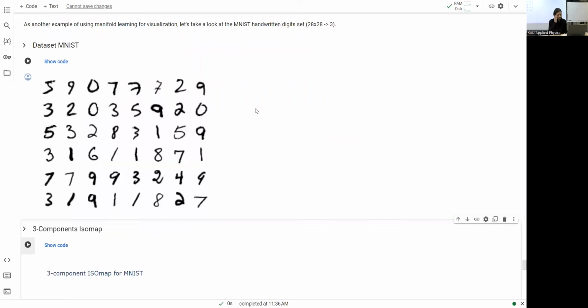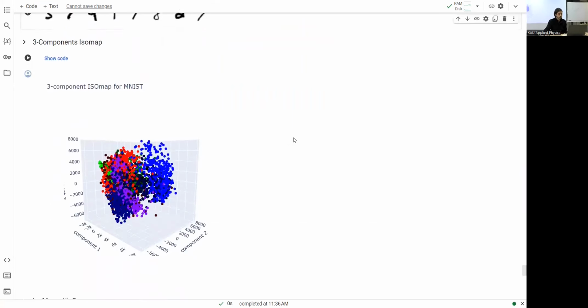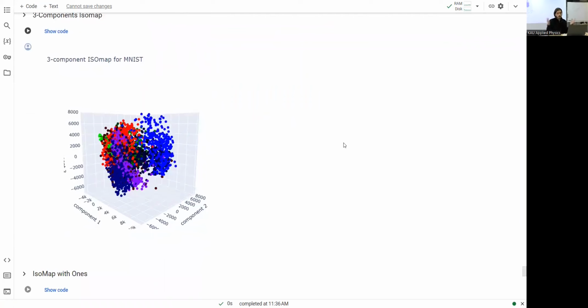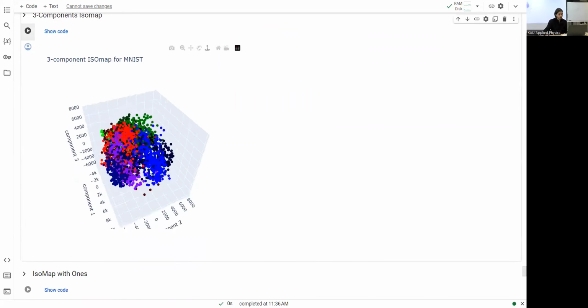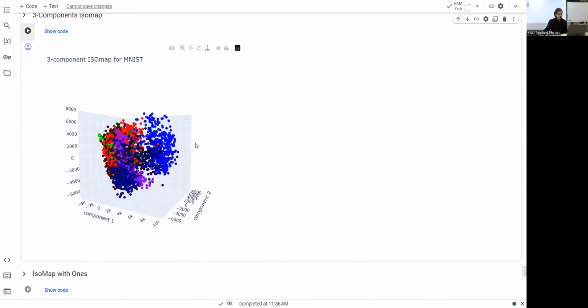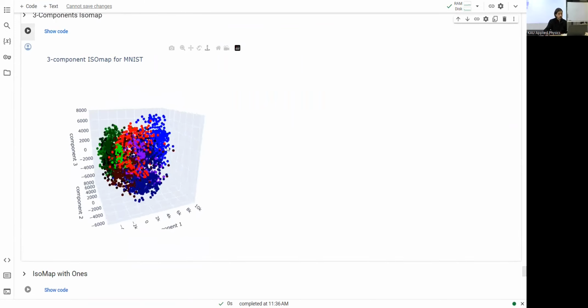I'm not sure which MNIST I'm using. There are at least 2 of them. One contains images 8 by 8, so that's 64 dimensions, and the other one contains 28 by 28. I'm not sure which one I used here, but anyway, it's many dimensions, even 64 is quite a large number. And if I squeeze everything into 3 dimensions, that's what I have.